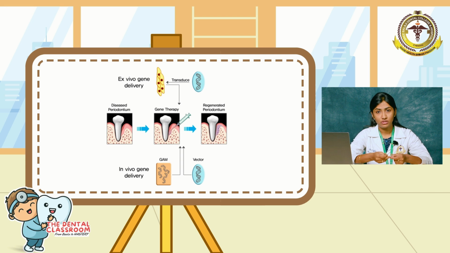And now we have also moved into the era of gene therapy and tissue engineering. So in these procedures, we are giving new cells or stem cells for regeneration to happen, or we are genetically modifying the cells for regeneration to happen in a more natural way for regenerating the lost periodontal structures.